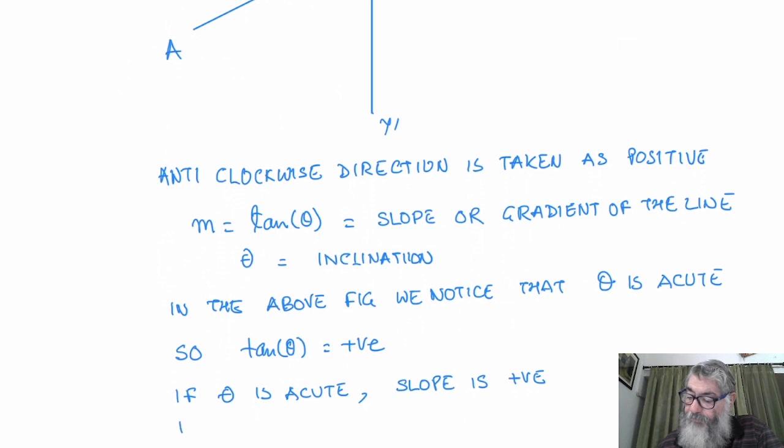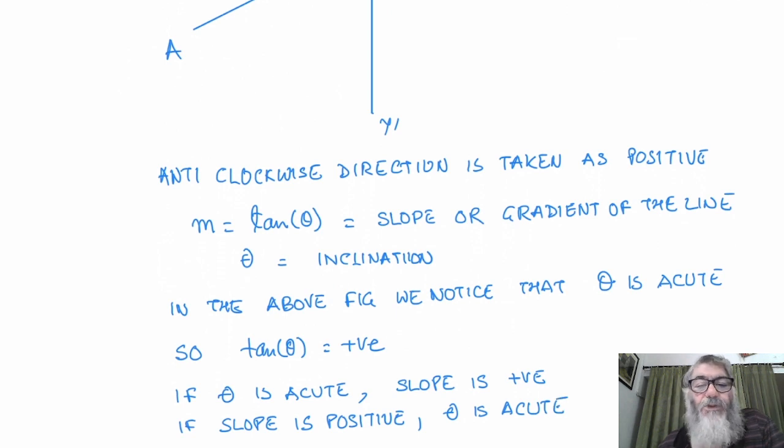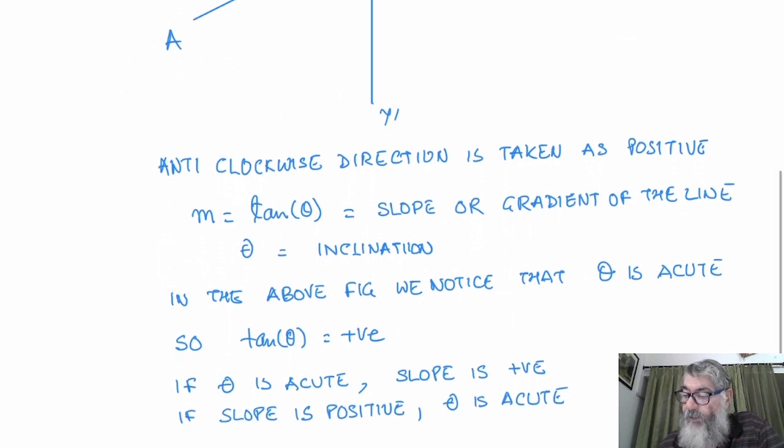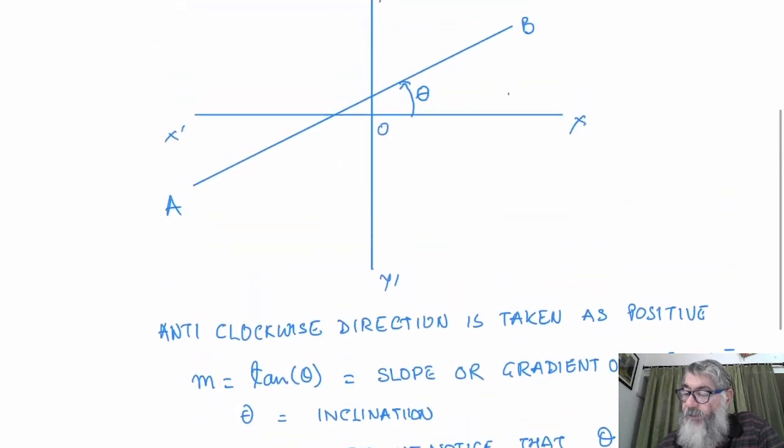If the slope is positive, then theta is acute. It helps you to determine what kind of linear function it is.